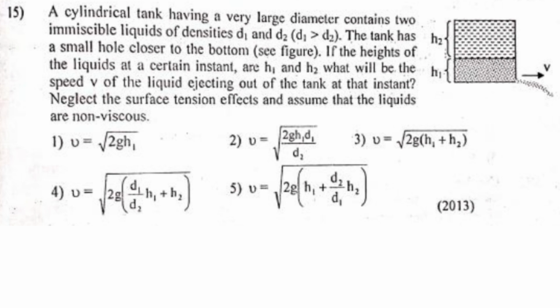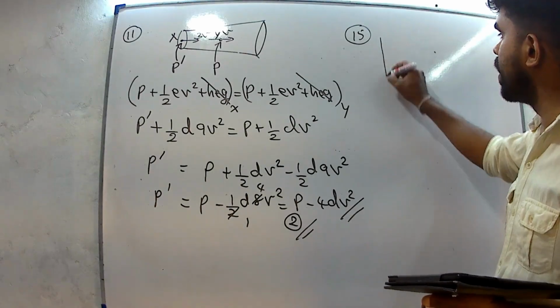The tank has a small hole close to the bottom. If the heights of the liquids at a certain instant are H1 and H2, what will be the speed V of the liquid ejected out of the tank at that instant? Neglect the surface tension effect and assume that the liquids are non-viscous. Now there are two liquids.